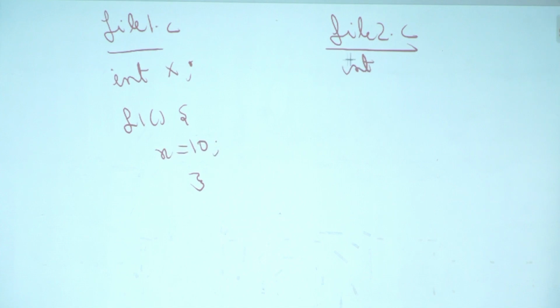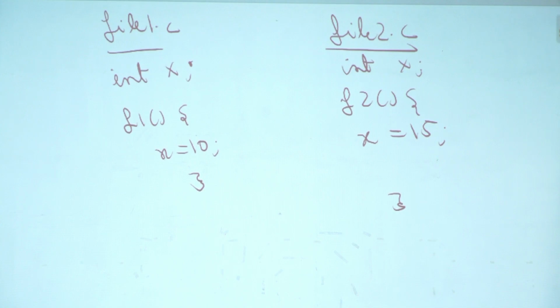I again say int x and say f2 and x equal to 15. Now if I combine these two, what will happen? Will it compile? If I compile these two together, will it compile?